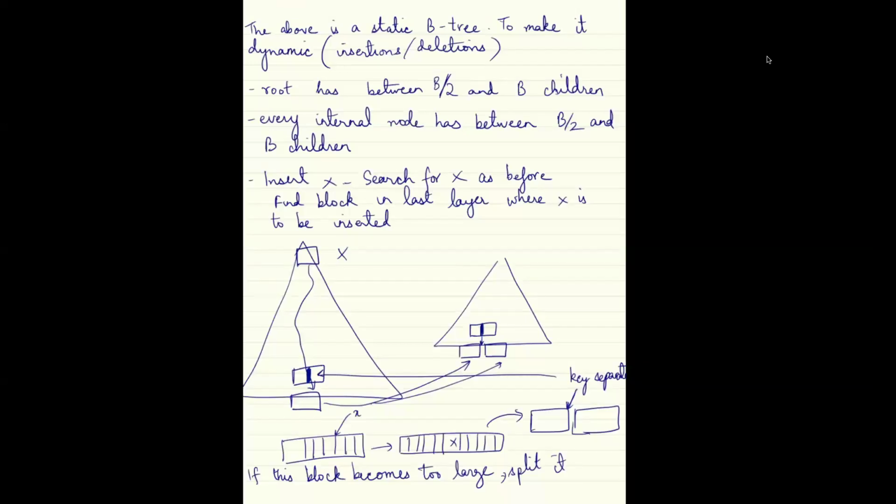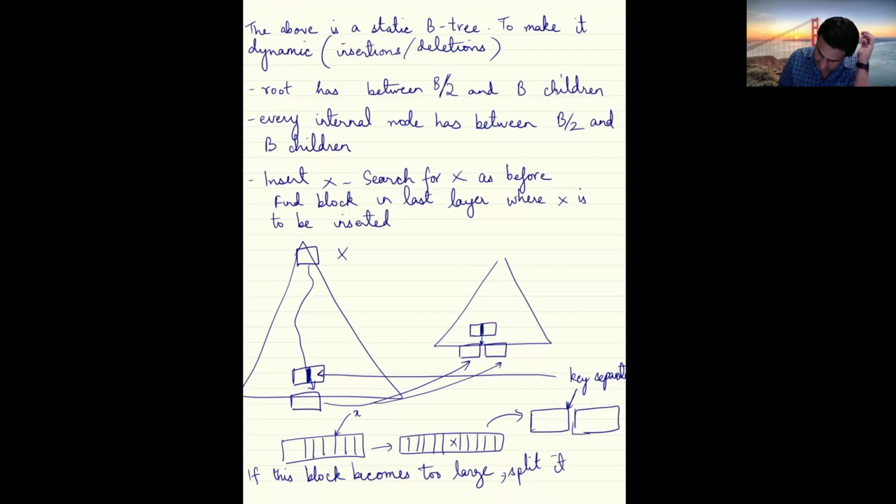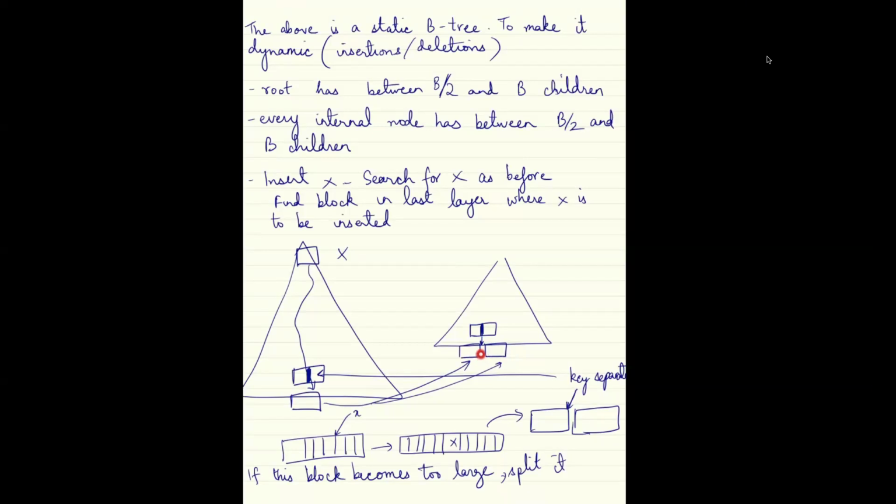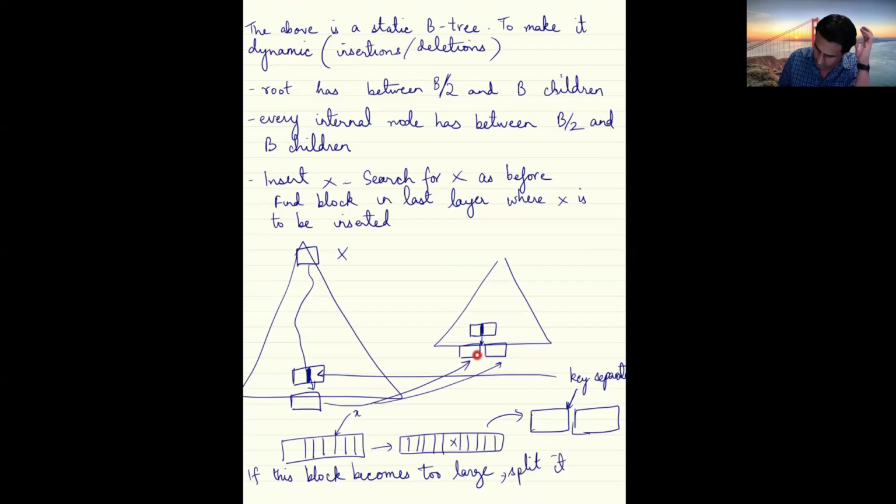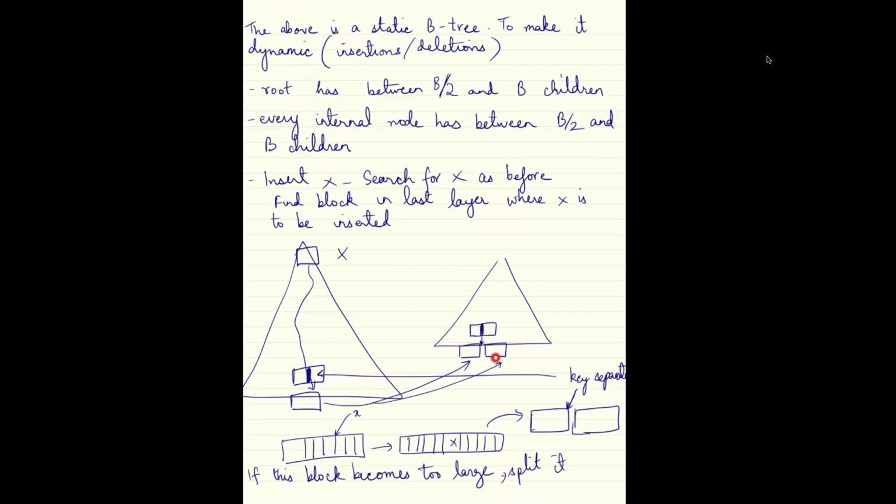Do they go into the next level, or do they stay in the same level? Those two stay in the same level. And the parent now gets two children.